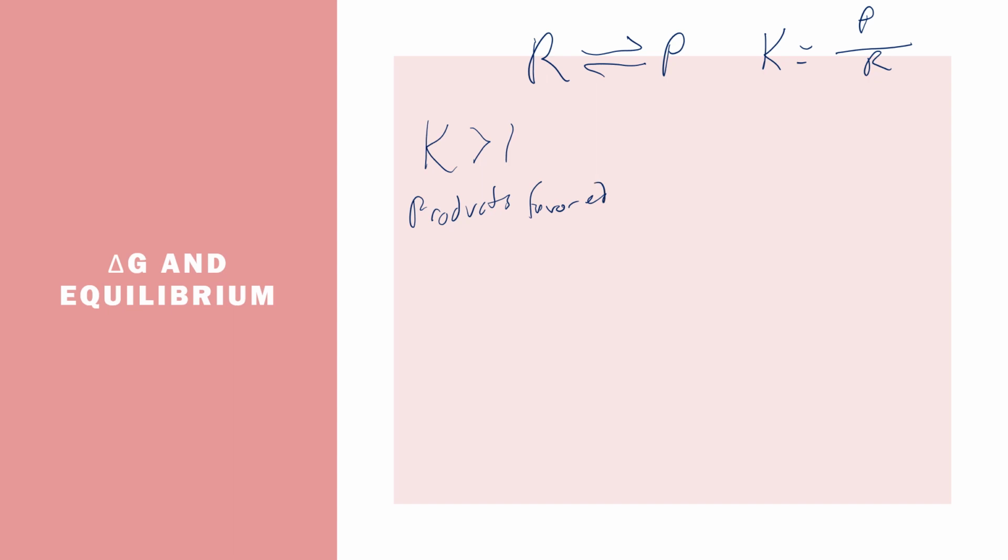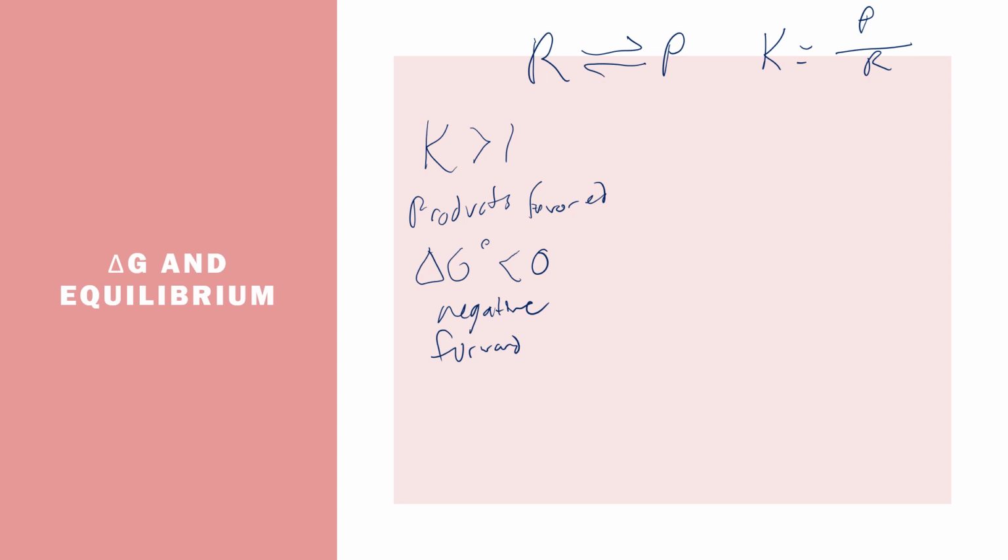In this scenario, where the products are favored, standard delta G is going to be less than 0. It's going to be negative, or thermodynamically favorable in the forward reaction. So negative for the forward reaction.